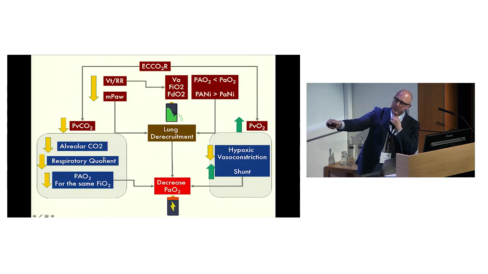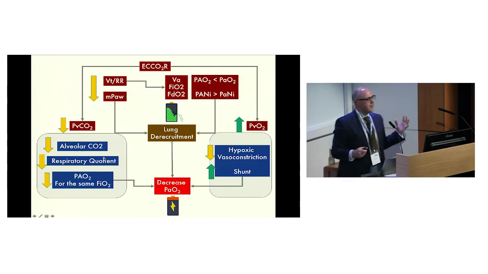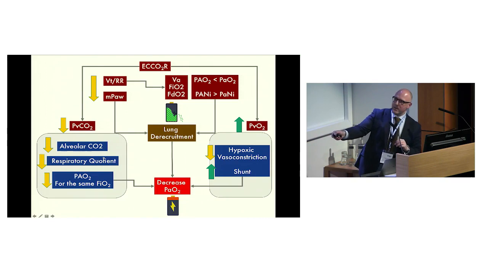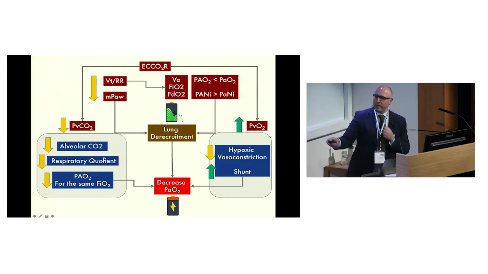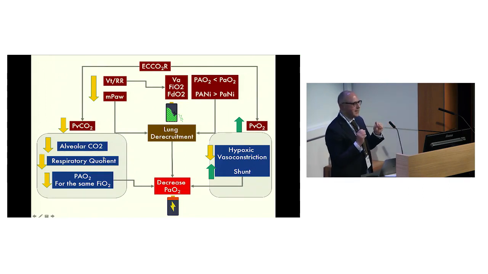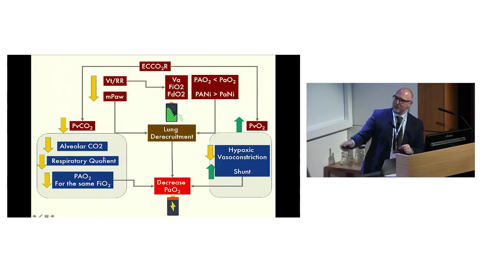Otherwise, the reduction in venous CO2 causes a reduction of the amount of CO2 that goes to the alveoli. Just follow me 1 second, see whether I've managed to explain it. And because we know that the CO2 goes into that little equation of the alveolar gases, where there is a little r, which is the VCO2 divided by the VO2.